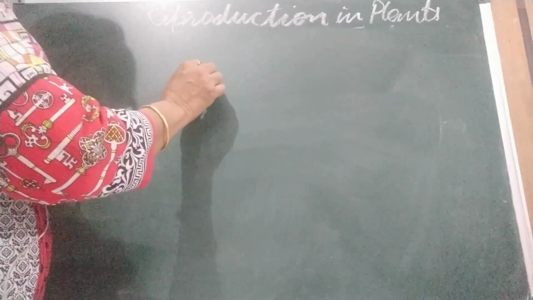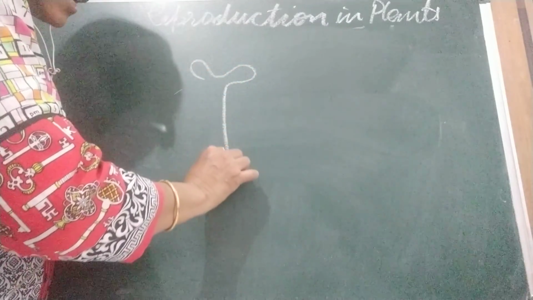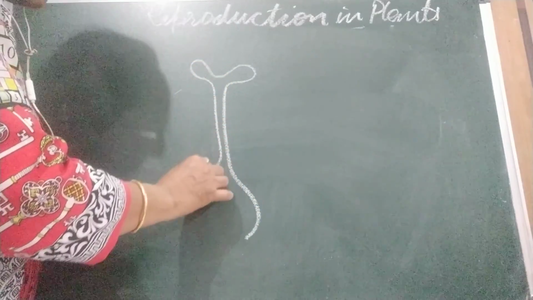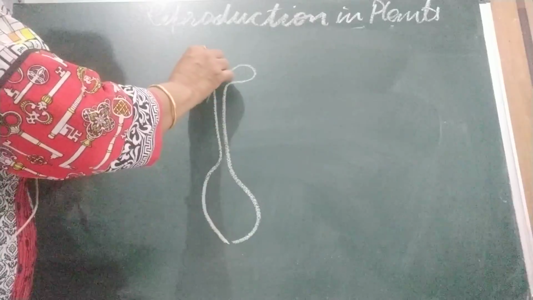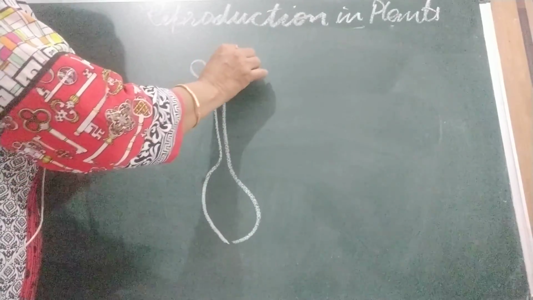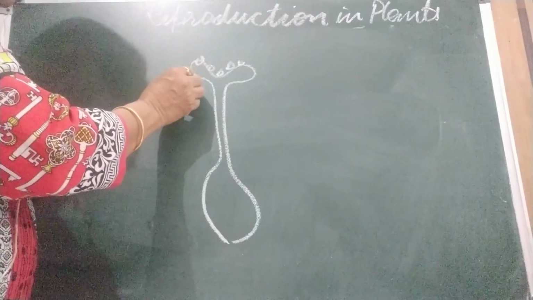Now what happens after pollination? As I showed you, this is stigma, this is style, and this is ovary. After pollination you can find pollen grains here on the stigma.